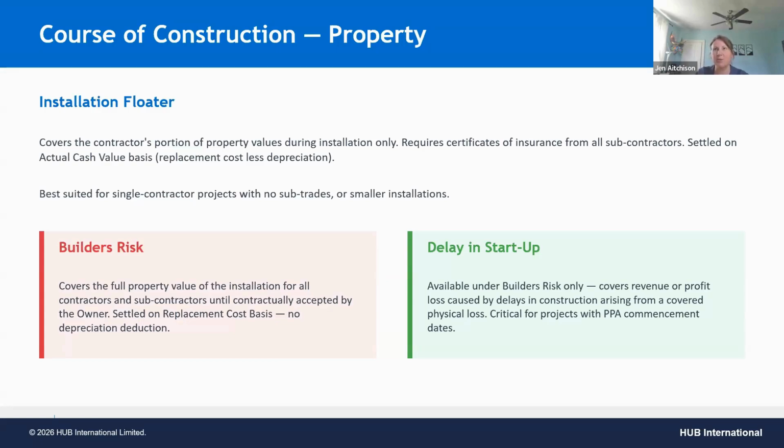It's only if there's a loss that is suffered that is covered under the builder's all risk. So property policy has to respond first. And generally, it's critical for any projects that have PPA timelines, or if you're in Ontario and you're looking to participate in global adjustment, having that loss of revenue and delay in startup is really critical as a coverage line.